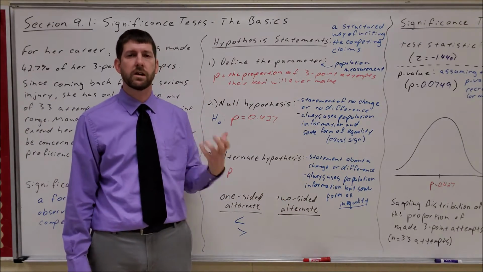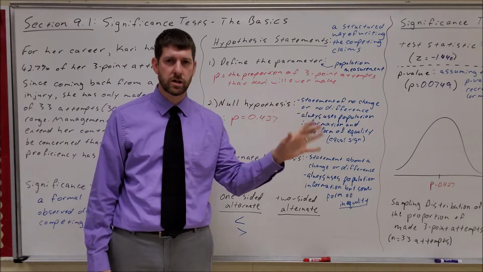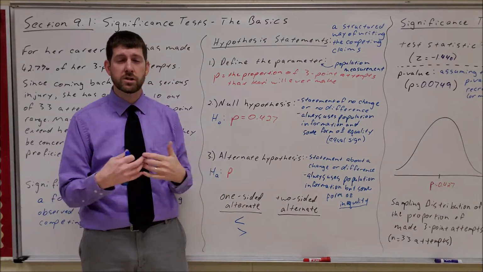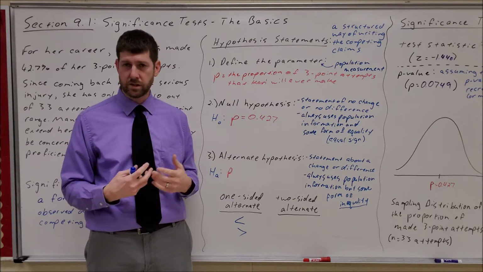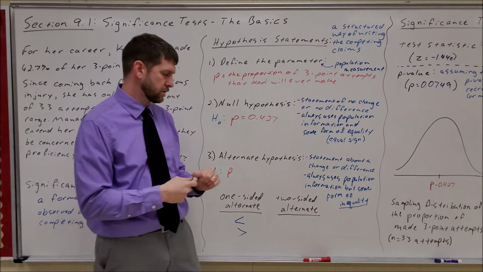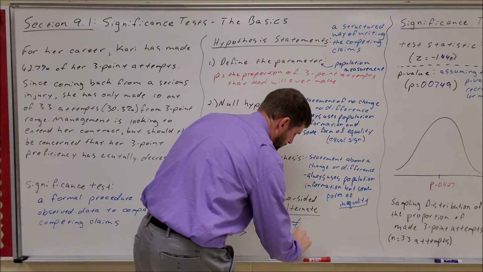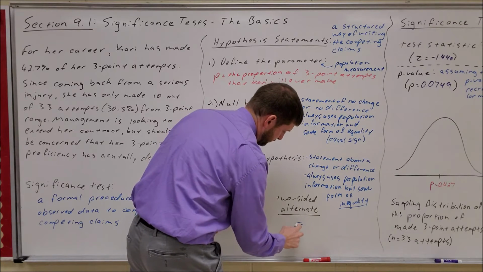What form of inequality would show that? You're not just best, you're not just worse. Maybe we just don't know. We think there's some difference there, but we're not sure what that difference is. We don't know if it's higher or lower. Yeah, so a two-sided alternate would be a not equal to situation.